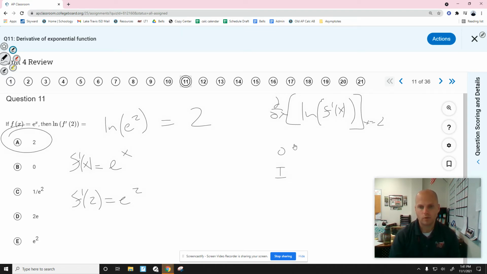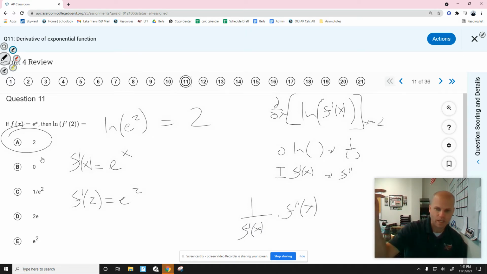You'd have to use a chain rule. Log x is the outside, f prime is the inside. We'd have 1 over f prime, and the derivative of f prime is f double prime. So you'd have 1 over f prime times f double prime, and then plug in 2. F double prime is the same as f prime, which is just e to the x. So it'd be e squared over e squared, which is 1.